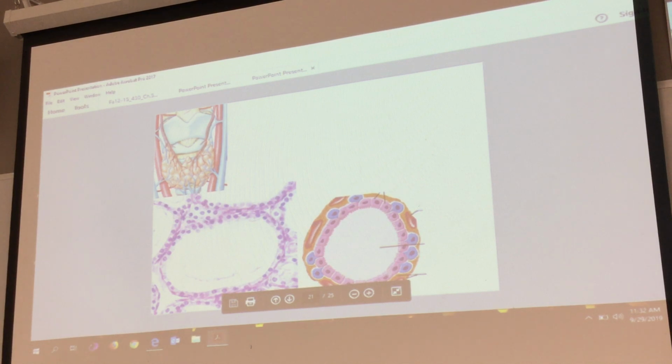What type of layer of cells is this? Simple cuboidal. And then why is this a colloid? What must be in there if we're calling it a colloid? Proteins. Happens to be the proteins that store thyroid hormone until it's time to release it.